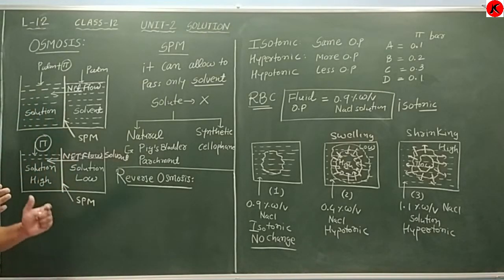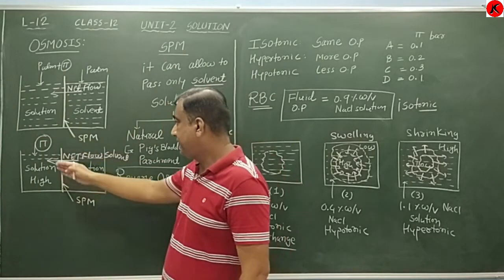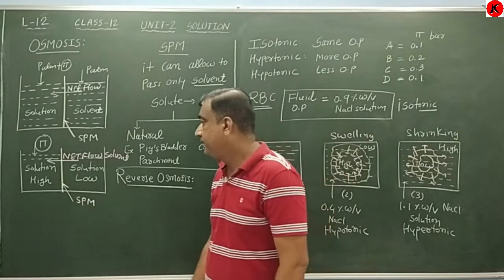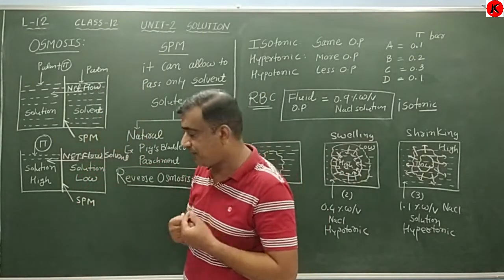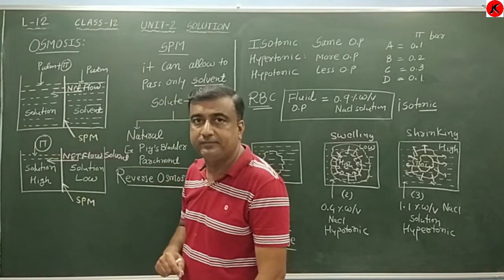In the first case we have to apply it on the solution side, in the second case on the solution having higher concentration. Now suppose we apply an external pressure greater than pi, then what happens?